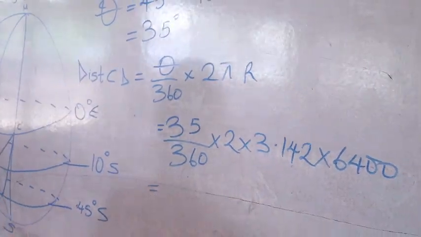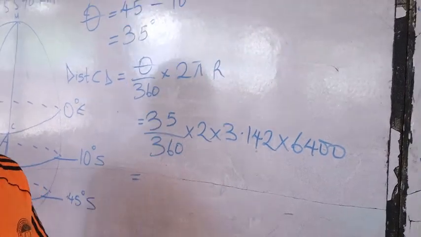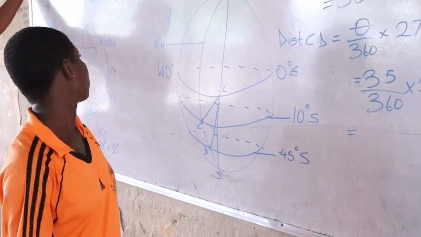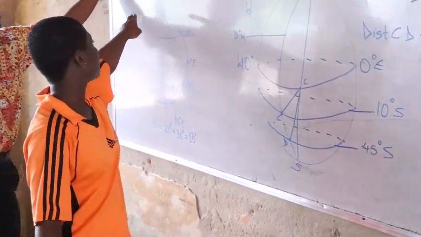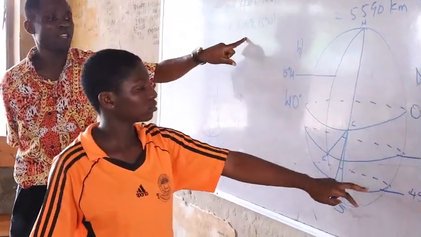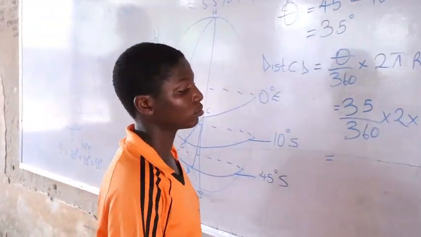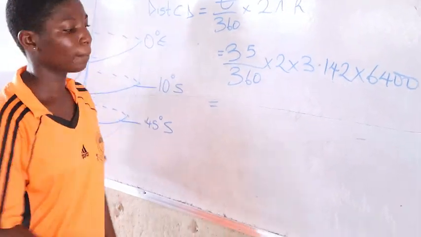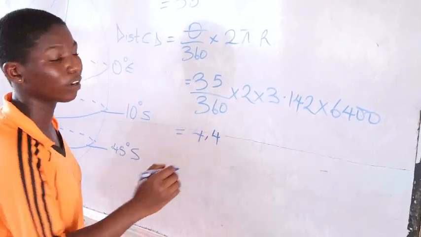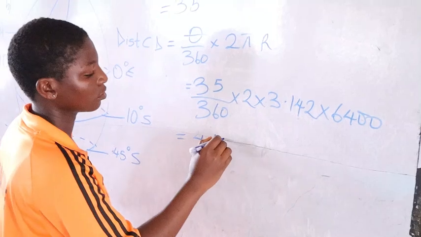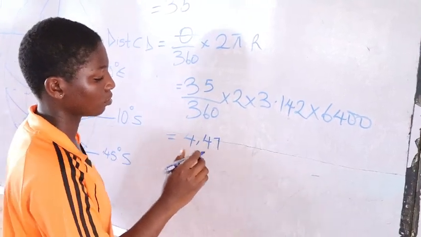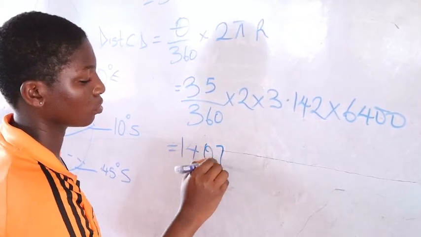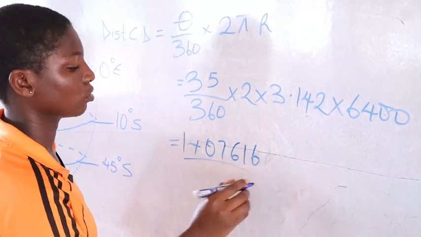When you have the multiplication, you can ask your student to multiply for you now. Which 10? Is it 15 that we have there? 10 south, 45 south. Let her continue. Let her finish first. 1, 4, 0, 7, 6, 1, 6, all over 360.